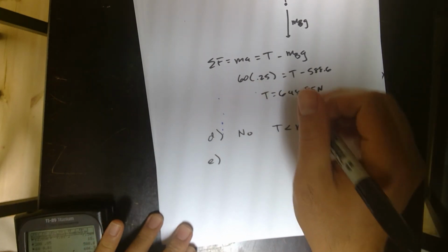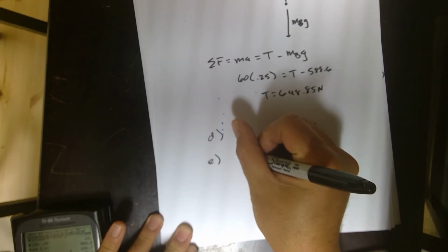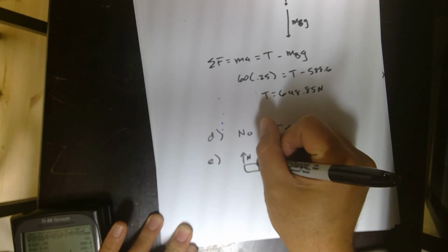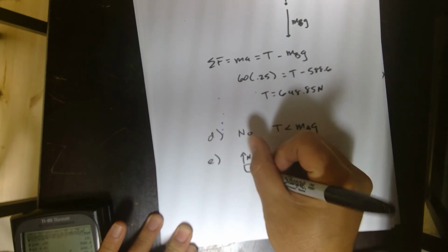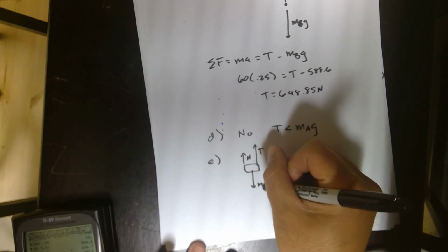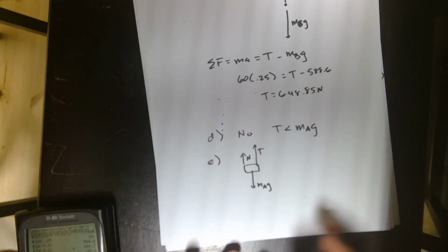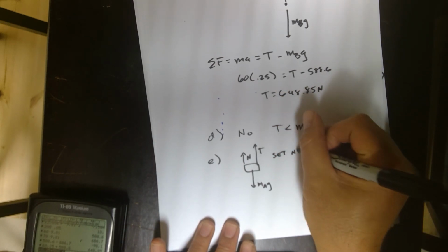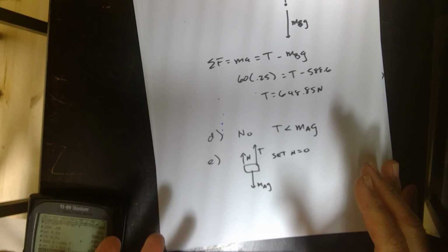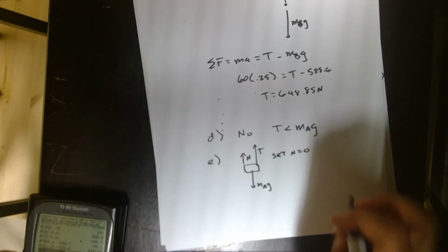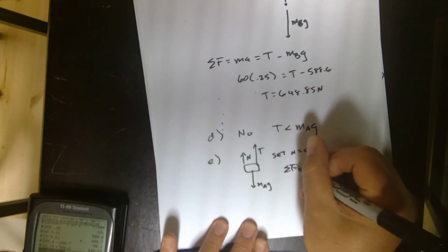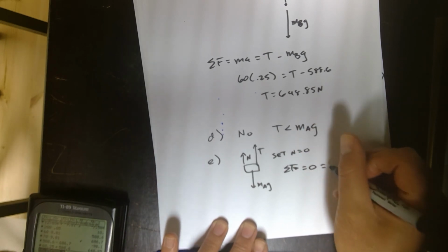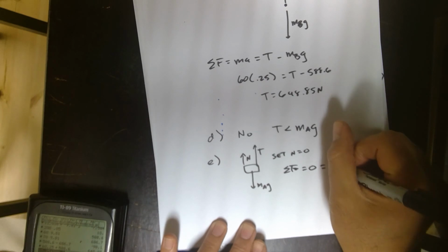So what we're going to do is keep with this free body diagram here. You've got the normal force pointed up, you've got tension pointed up, and then you've got the gravity down on this person. And what we want to do is set N equal to 0. That's going to get us the tension we need. Now, if we write out the expression here for sigma F, we'll still say that sigma F is 0.